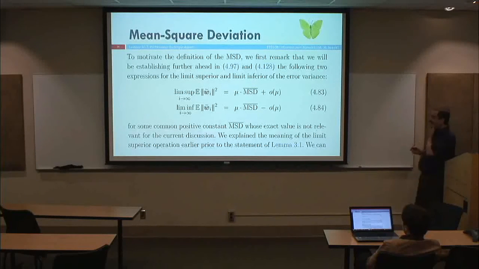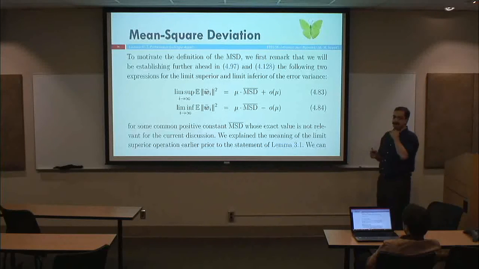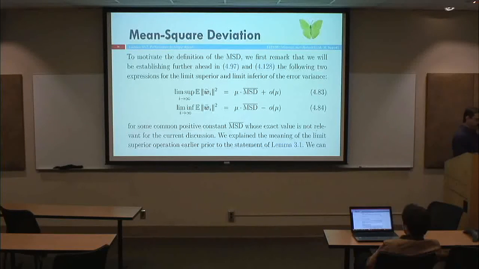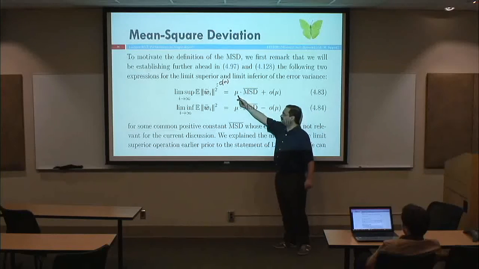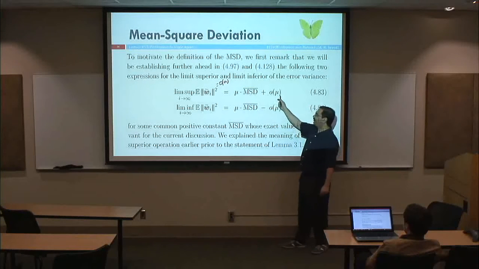So very soon, I'm going to establish relations 83 and 84. So I'm just stating them here to motivate the discussion. I haven't proven these results yet, but this is what I'm going to be showing very soon. I will be showing that, right, two lectures ago, I showed that this lim sup is of the order capital O of mu, right? Here, what I'm saying is I will be able to characterize the term that depends to first order in mu plus higher order terms in mu.